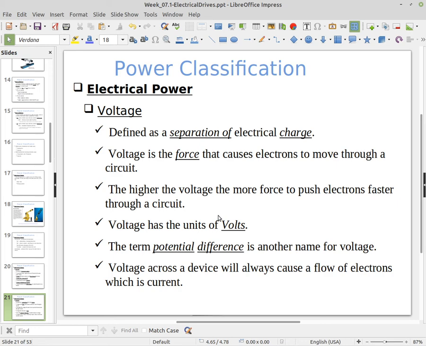So if you separate those charges, you create this pressure, this attraction between them, which they want to balance back out. And the more you separate the charge, the higher the voltage you're going to get.